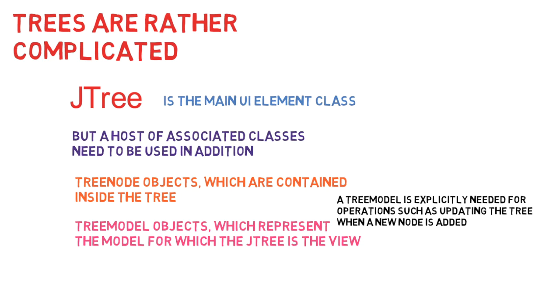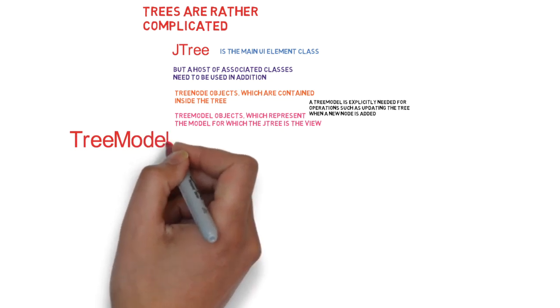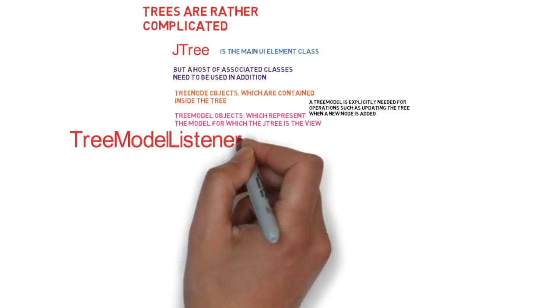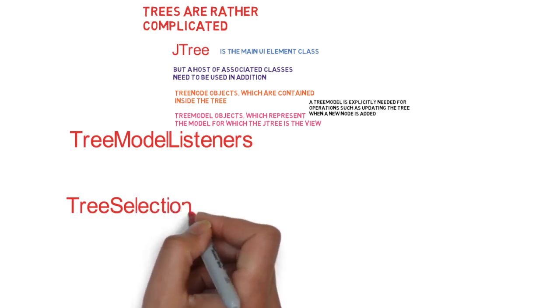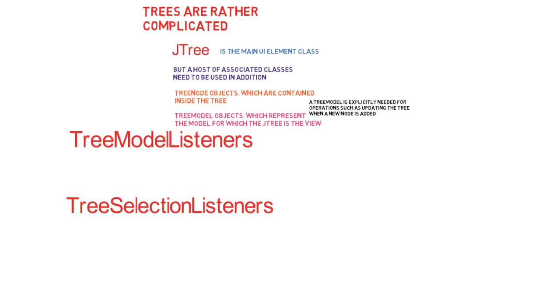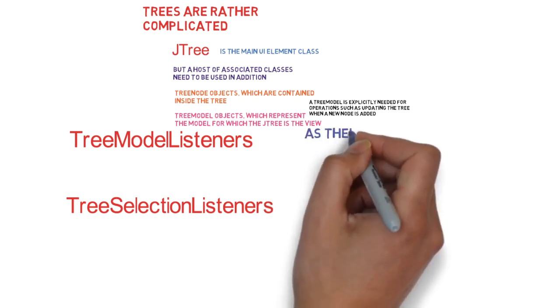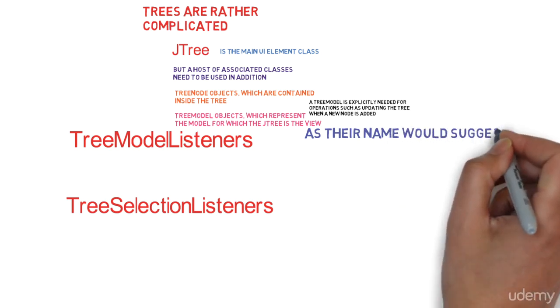All right, what are the listeners that are associated with a tree? We can have tree model listeners and tree selection listeners. Tree model listeners operate on the data which is represented in the form of a tree, and tree selection listeners operate on the UI.